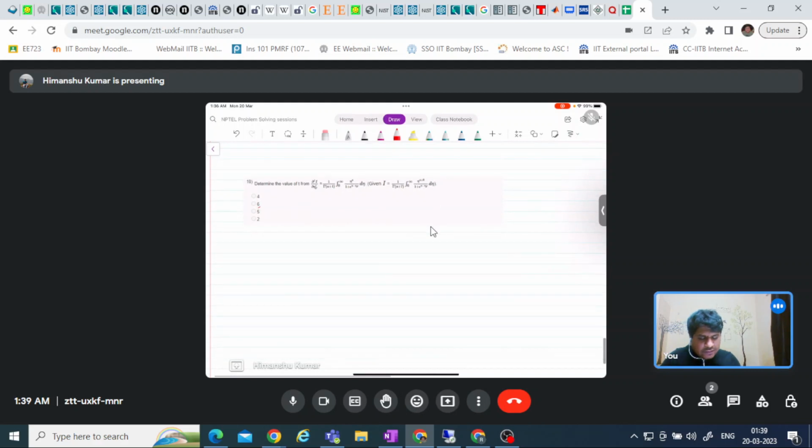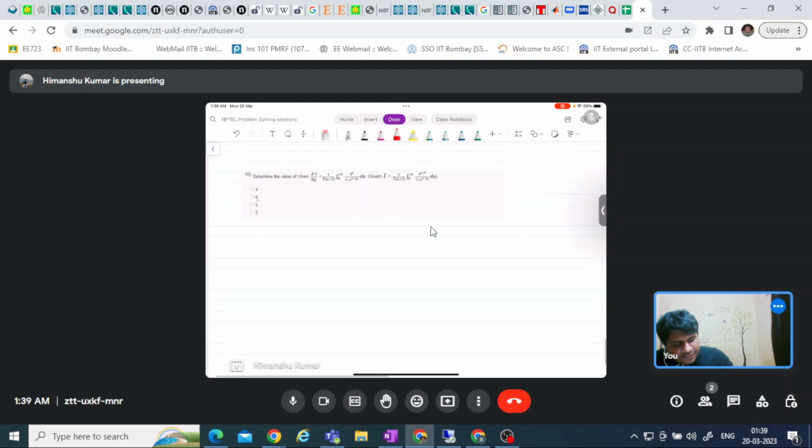Now this is the last problem. Determine the value of t from this. Basically it's like a derivative order.